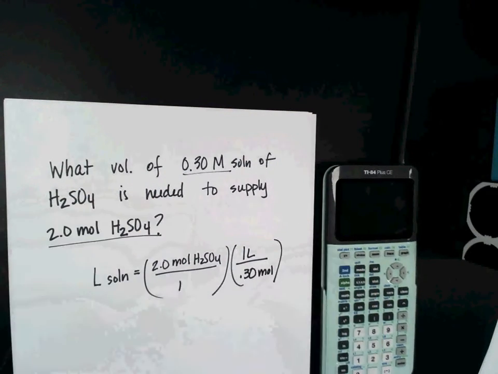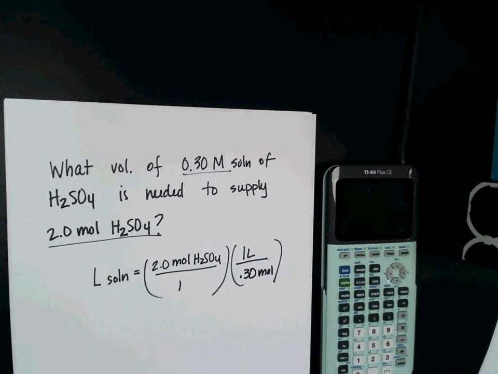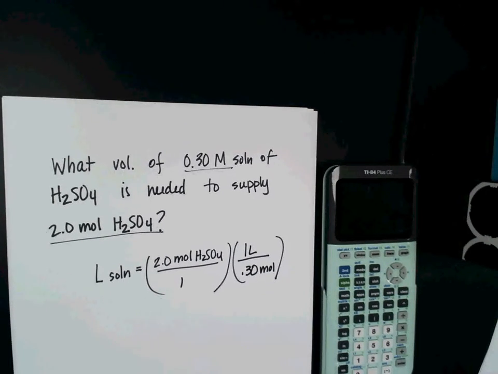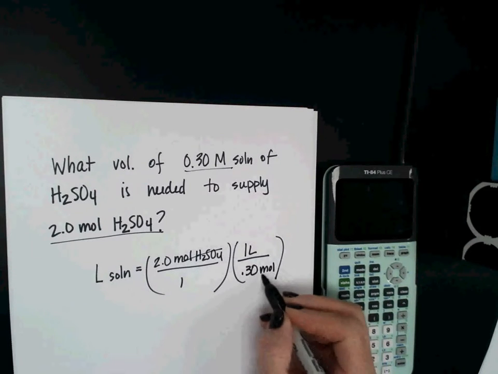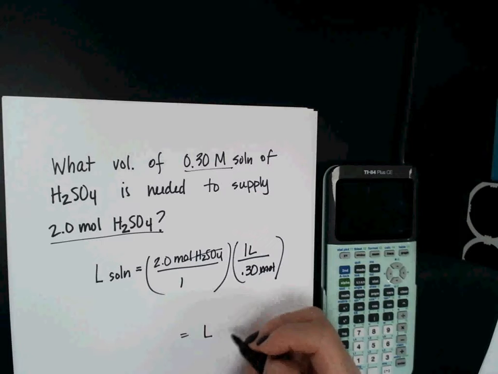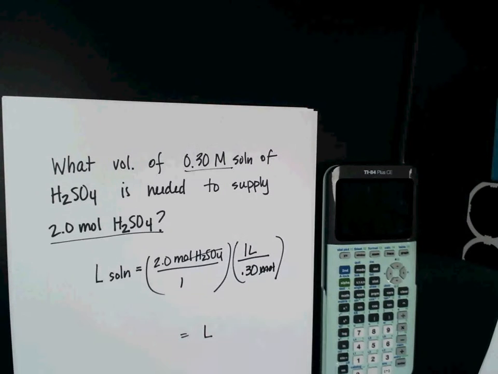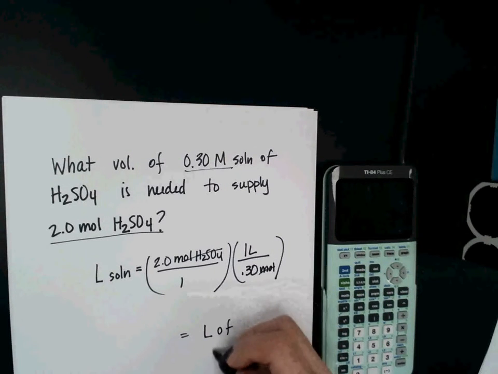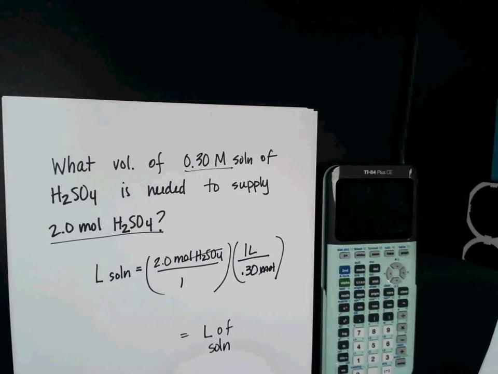There, I just used the reciprocal and it lets me work the problem. So my moles of H2SO4 cancel out. I'm going to end up in liters of solution, which is where I want to be. I just have to do the math.